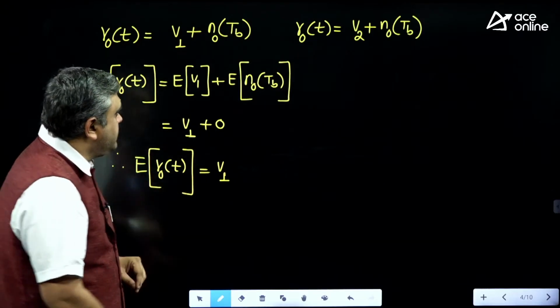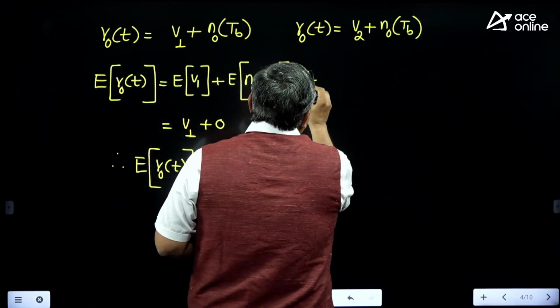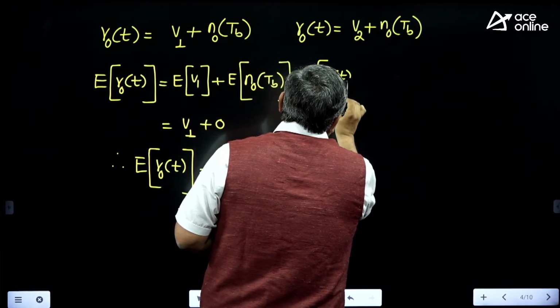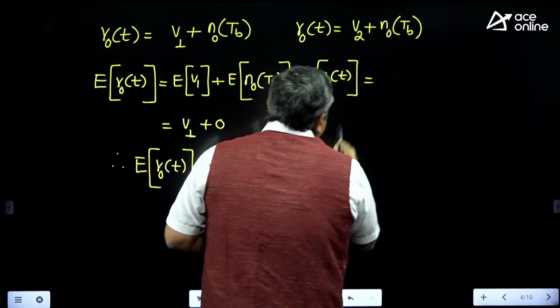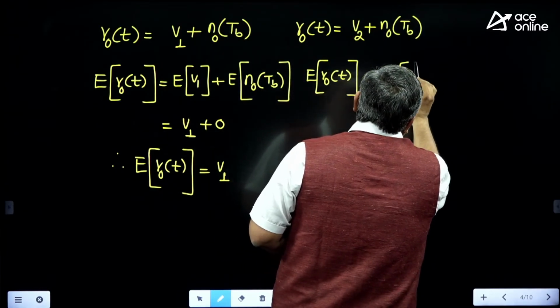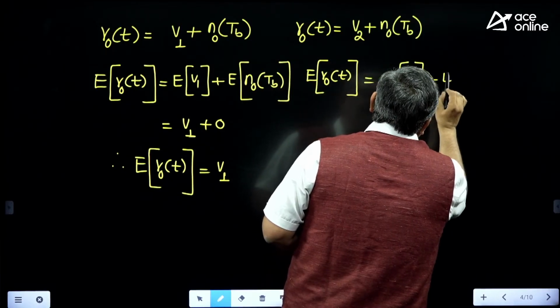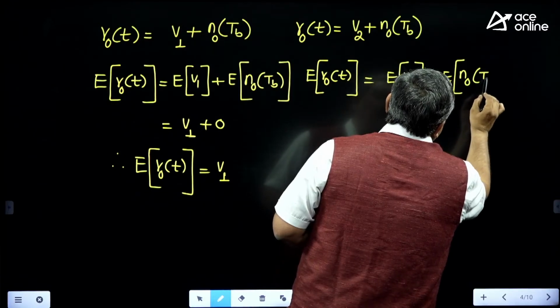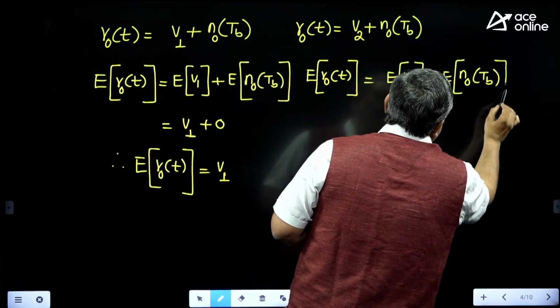Similarly, what is the expectation of R0 of t at t equal to Tb for bit 0? This will be the expectation of V2 plus the expectation of N0 of t at t equal to Tb.